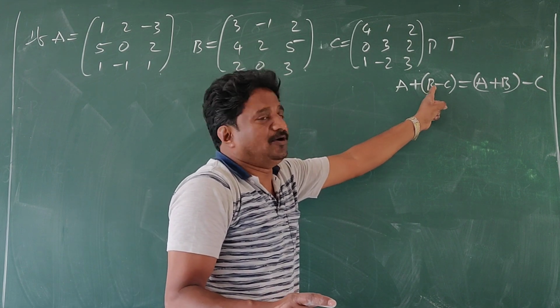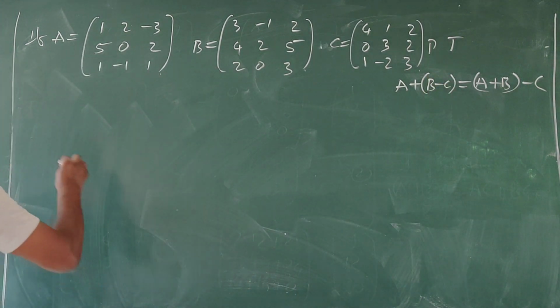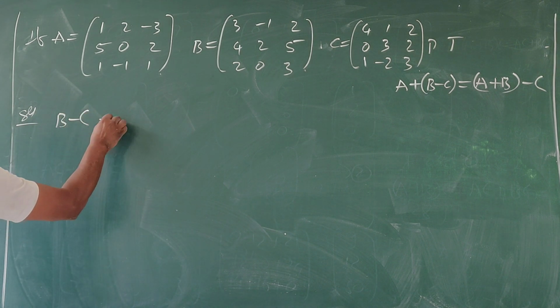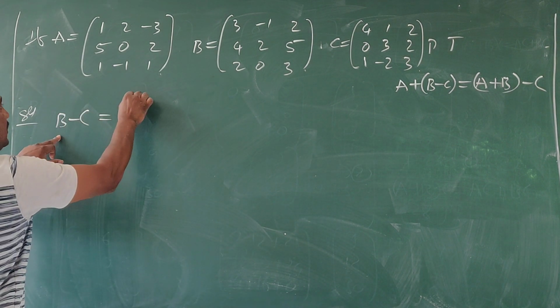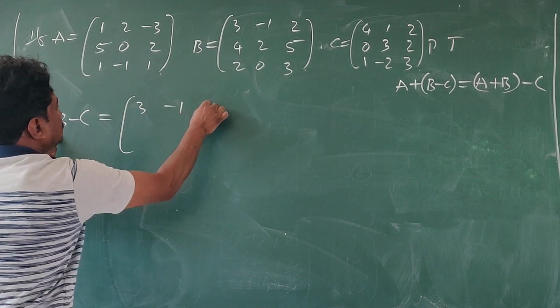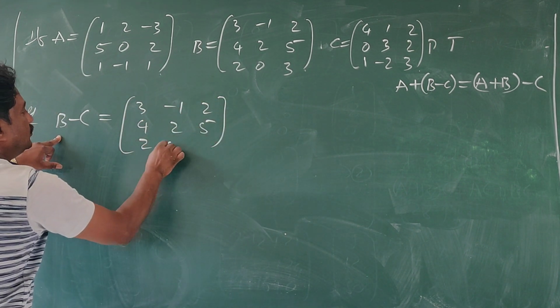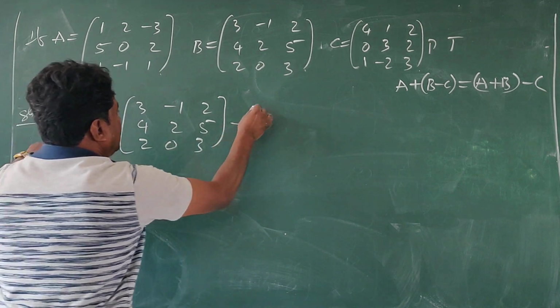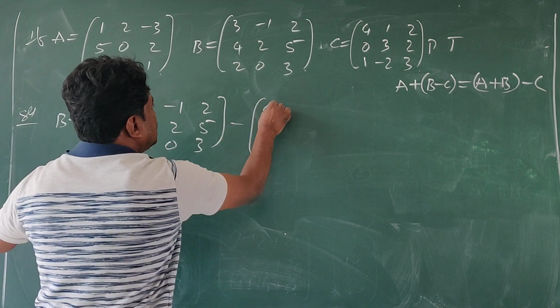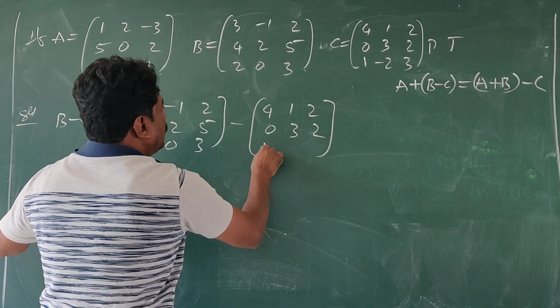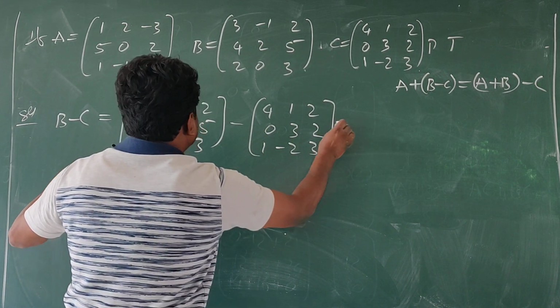First let us find out B - C. Solution: B - C. Here is B, [3, -1, 2; 4, 2, 5; 2, 0, 3], minus C, which is [4, 1, 2; 0, 3, 2; 1, -2, 3].